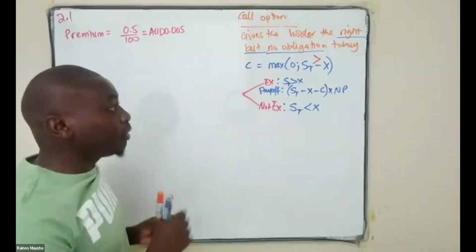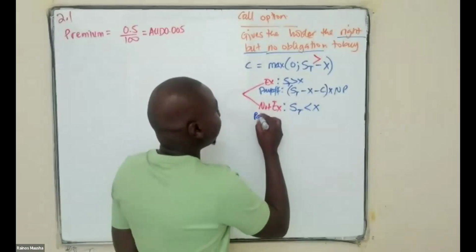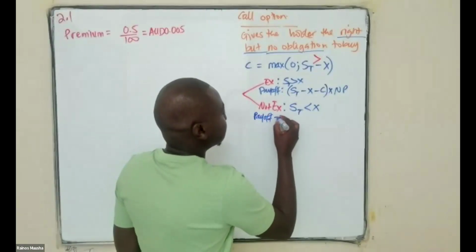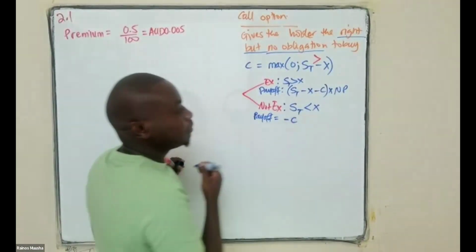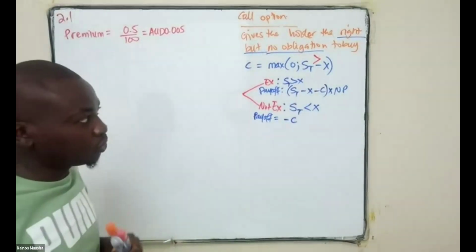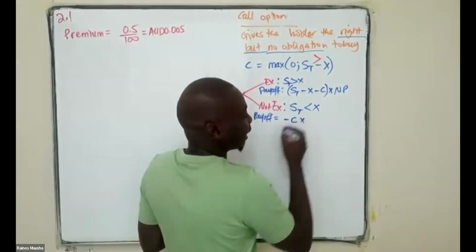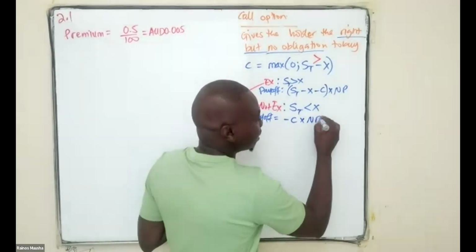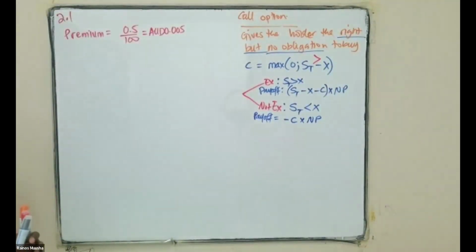So if you choose to walk away from the contract, what's going to happen? Your payoff in this case will be equal to the loss of the premium that you've already paid, because you're going to walk away from the contract. But remember, you pay this premium per unit of currency, isn't it? Which means you need to multiply that by the notional principal of the foreign currency that you want to buy in this case.